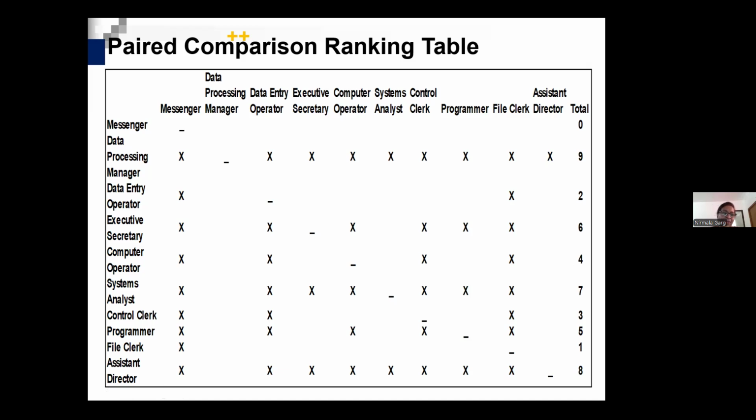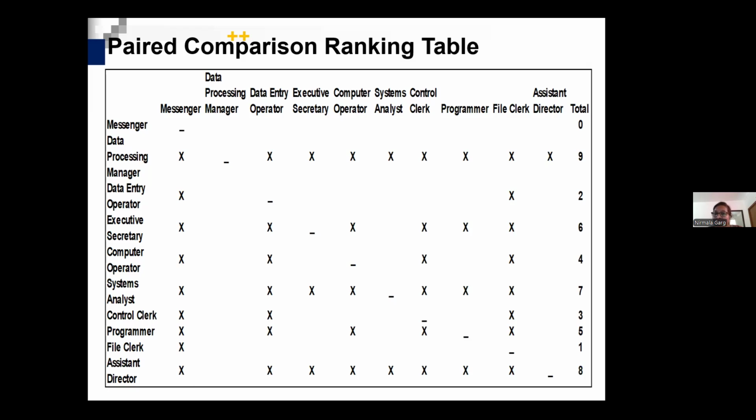Like, for example, the file clerk, then the data entry operator, then the control clerk, then the computer operator. They all fall into the one category called the clerical cadre.